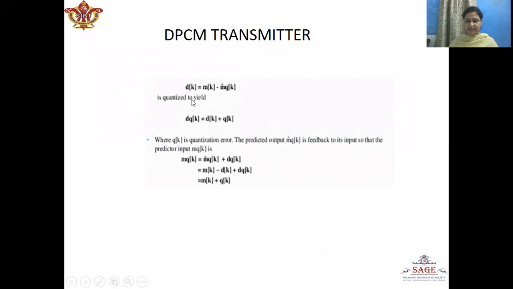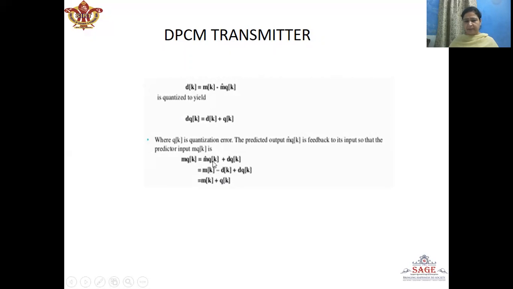Since it is a quantized value, we can say it is the sum of dk and the quantization error qk. The predicted output m cap k is fed back to its input so that the predictor input mqk is given as m cap k plus dqk. As we already know from this equation, m cap k can be given as mk minus dk.